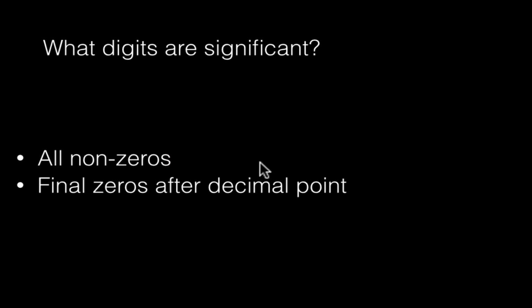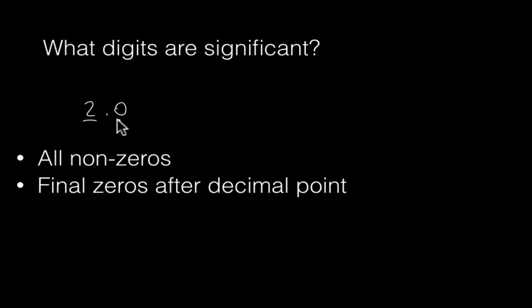So that's pretty simple. The next rule is final zeros after the decimal point are going to be significant. So just to kind of show you another example of these, if we had 2.0, we have 2, which is a non-zero, so it is significant.